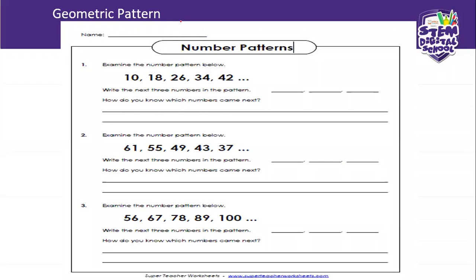I'm good. The last one, the one with 56, 67, 78, 89, 100. Sir, after the 100, there's 111, sir. Then 122, sir. And then 133. All right. How did you know that that is the answer?